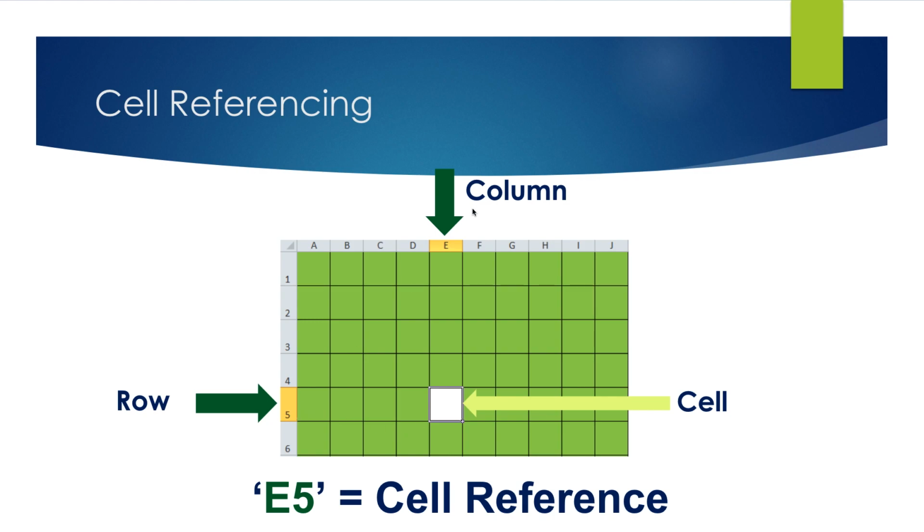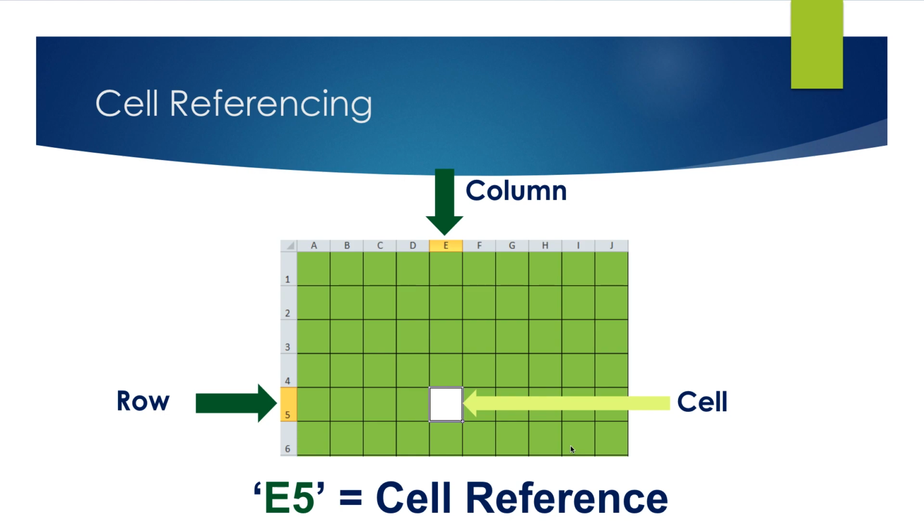We always start with the column and then the row. You can think of cell reference as column and then row to make it easier. Then this is the cell reference.